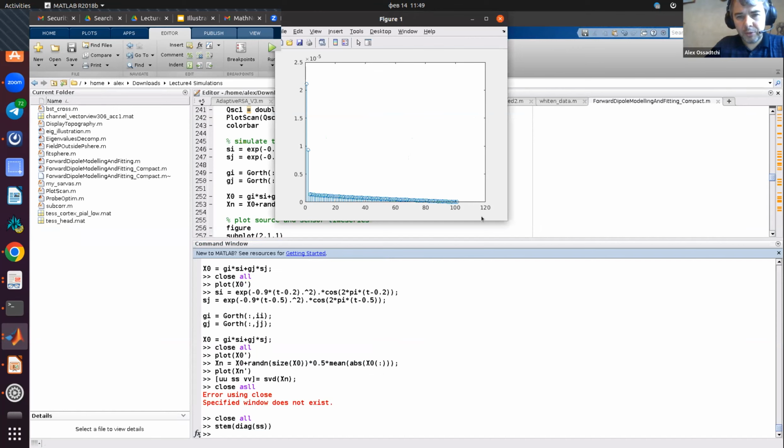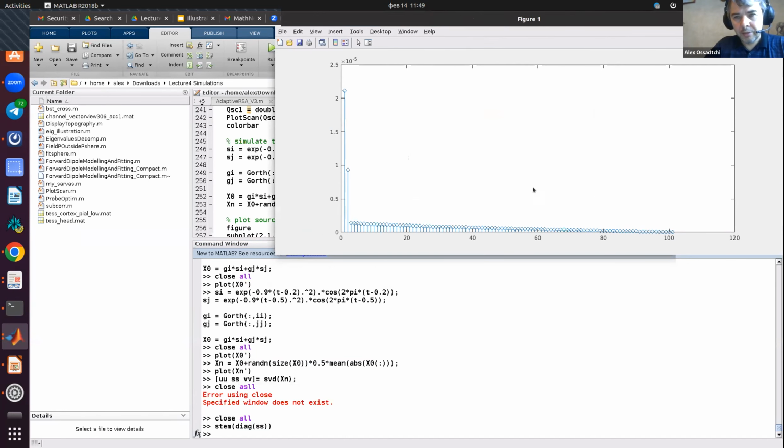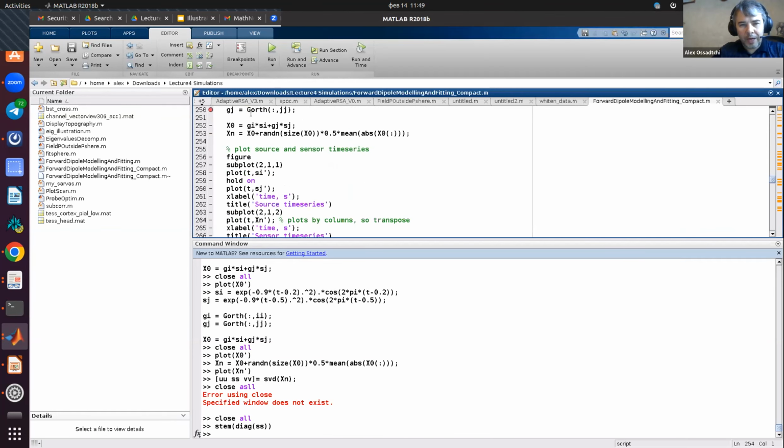We immediately see that now we have two sources. These two guys stick out because we have a two-dimensional structure in our matrix. Basically it's one column vector multiplied by a row vector plus another column vector multiplied by another row vector, and some noise.